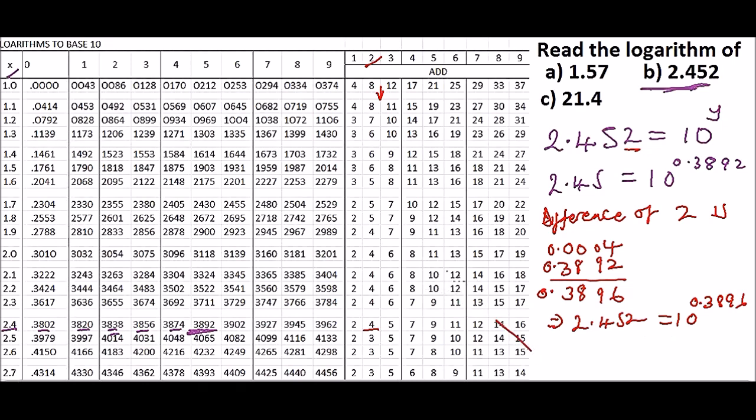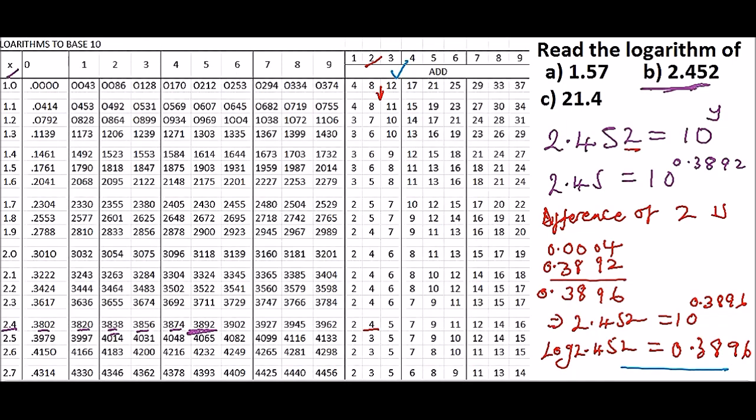So now we can get the logarithm and say the logarithm of 2.452 is equal to 0.3896. So that is how you get the logarithm of a number that has 4 significant figures, and that is how you make use of the table of differences, which is this one.